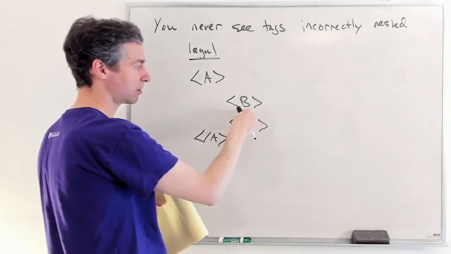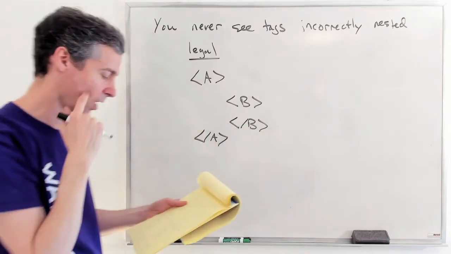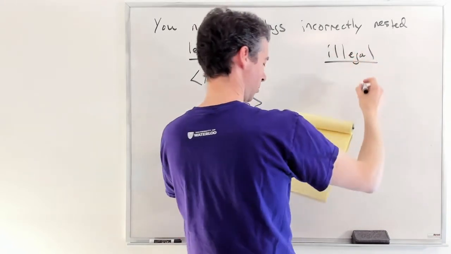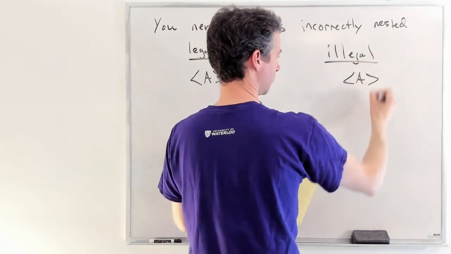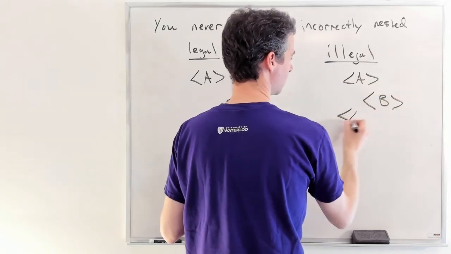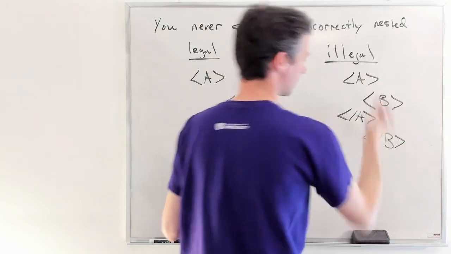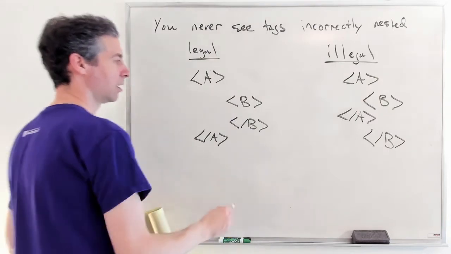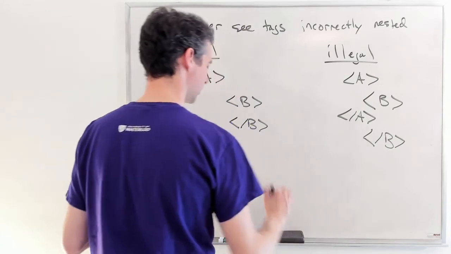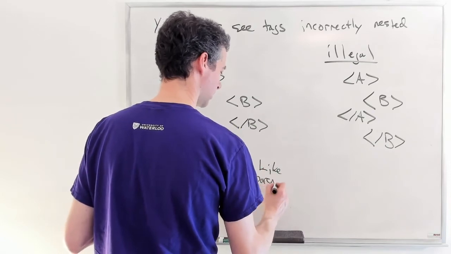If there was a tag that started inside of here, it would end inside of here before we got to the closing B tag. Illegal format is when people have an A, then start their B, then close the A, and then close the B. That's illegal. You're never going to have it like that, so you don't have to worry about those sorts of setups. The way to think about this is that these tags behave like parentheses.